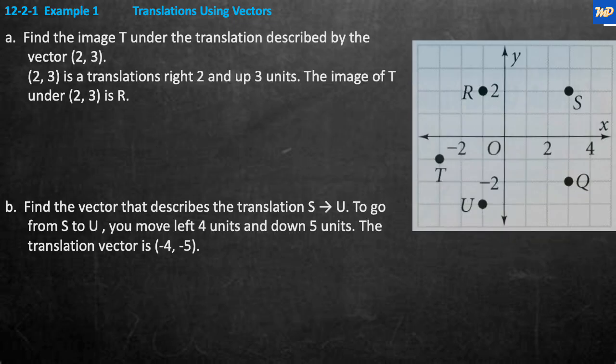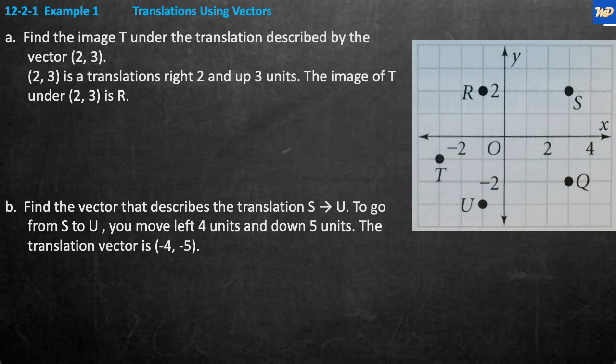Okay, example 1, translations using vectors. It says, find the image of T under the translation described by the vector 2, 3. And so 2, 3 is a translation, which means right 2 and up 3.